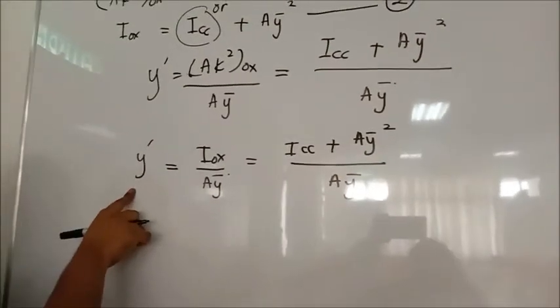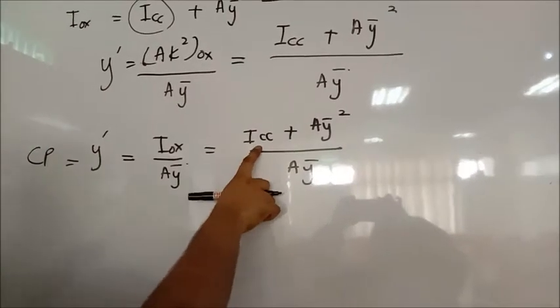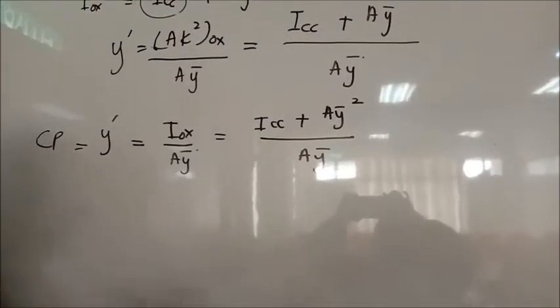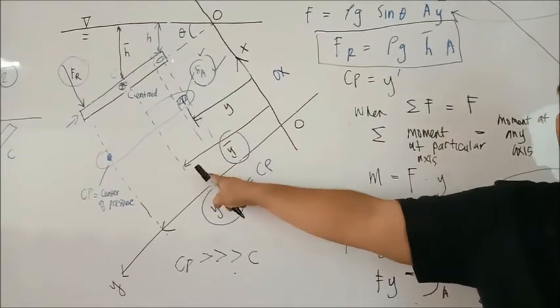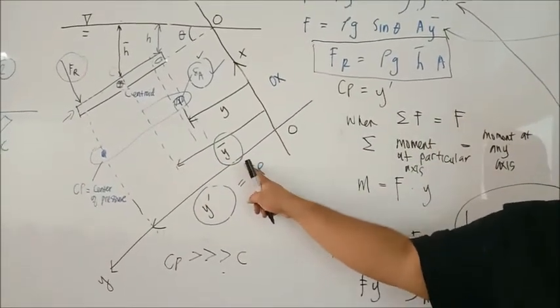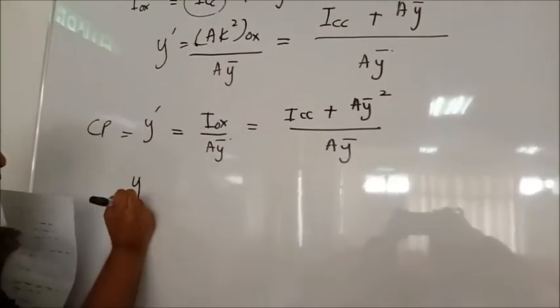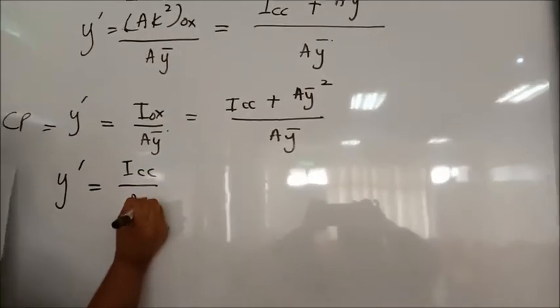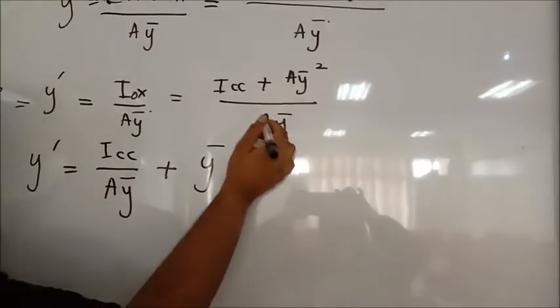The y prime here, remember, is our CP, the center of pressure. The I CC, as I said just now, is the moment of inertia, the second moment of area, and y bar is the distance from the Ox axis here to the centroid. The final equation for CP is y prime equals I CC over A y bar plus y bar, whereby this is eliminated out.